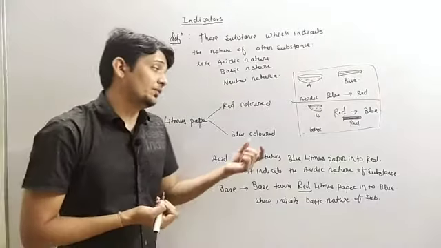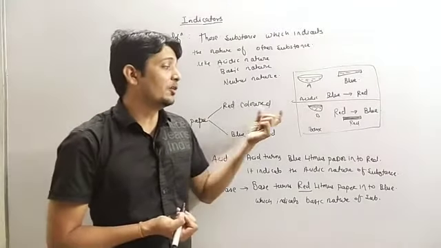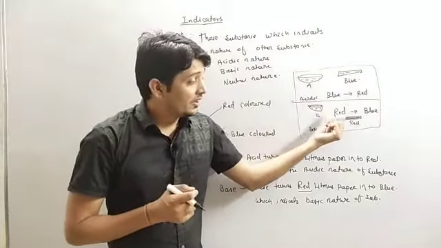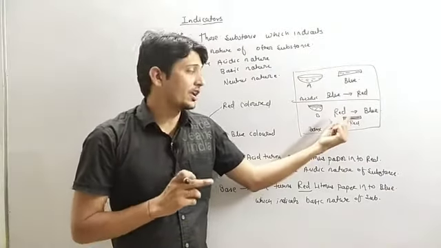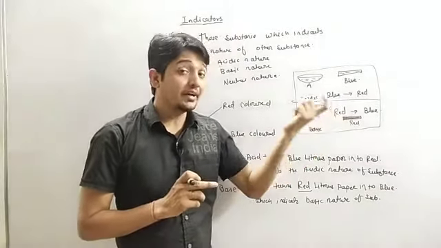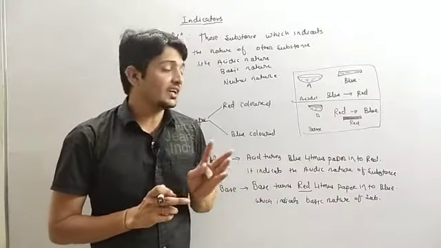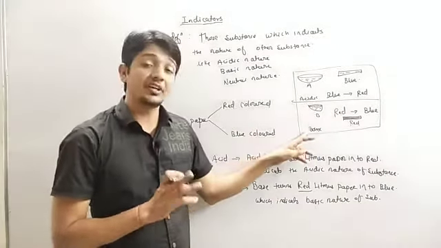Okay, so if we dip the red litmus paper in the aqueous solution of a substance and it turns into blue, then we can say it is a basic substance.